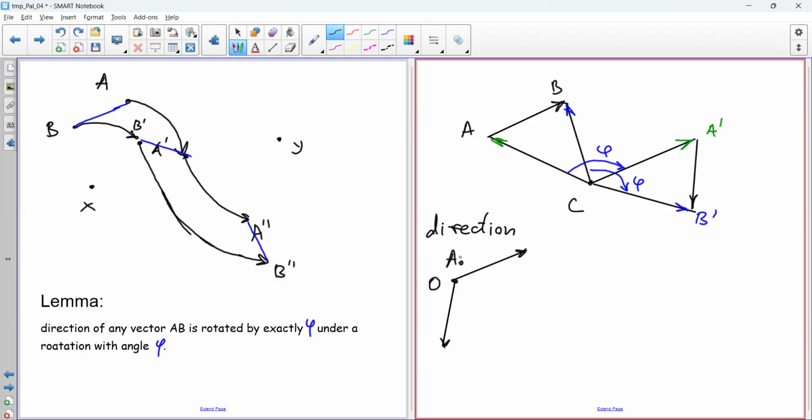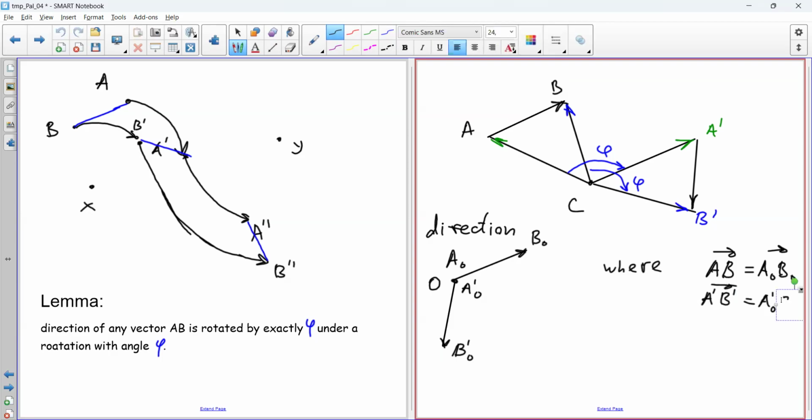So this would be AO BO. And here would be A prime O B prime O, where AB equals AO BO as vectors, sorry, A prime B prime is equal to AO prime BO prime.